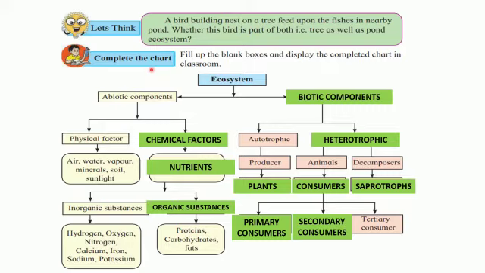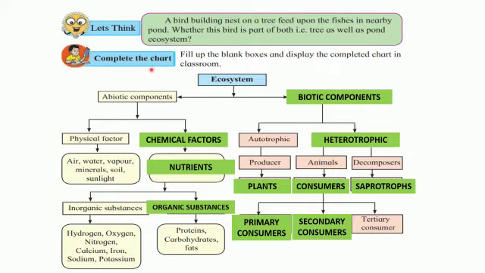At the same time, bacteria, fungi, termites, insects are also equally important because they are the ones which bring about the decomposition of organic matter and return the nutrients back to the soil.